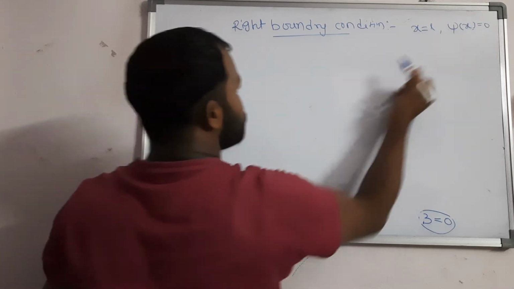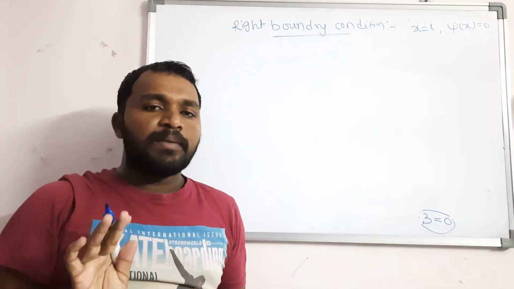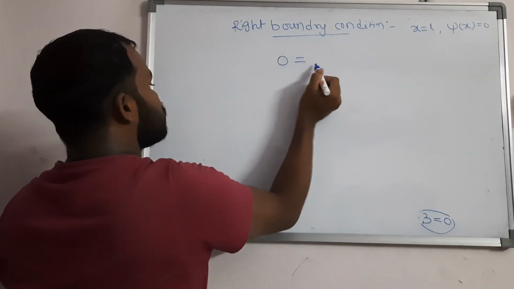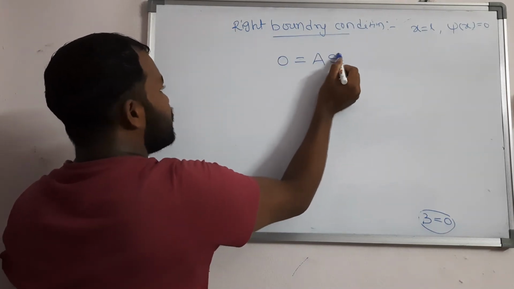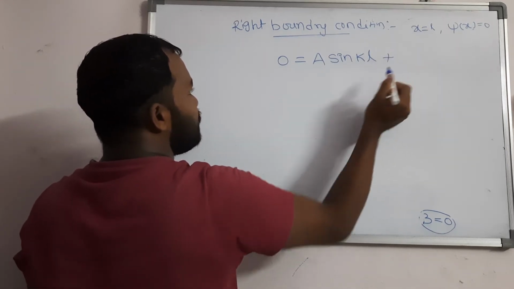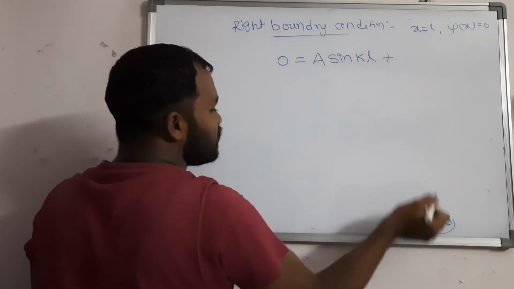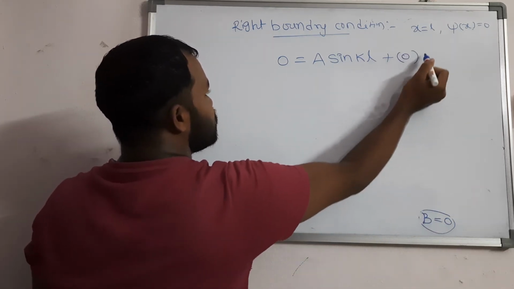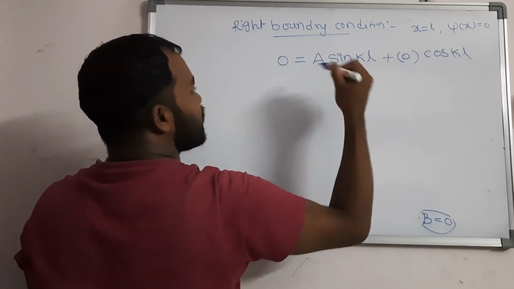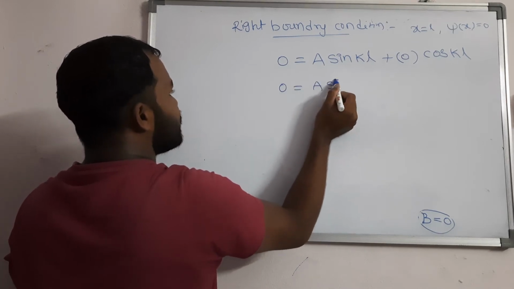The equation is psi of x equal to a sin kx plus b cos kx. So 0 is equal to a sin kL plus b cos kL. The b value is 0, and 0 into cos kL is 0. So we get only 0 is equal to a sin kL.